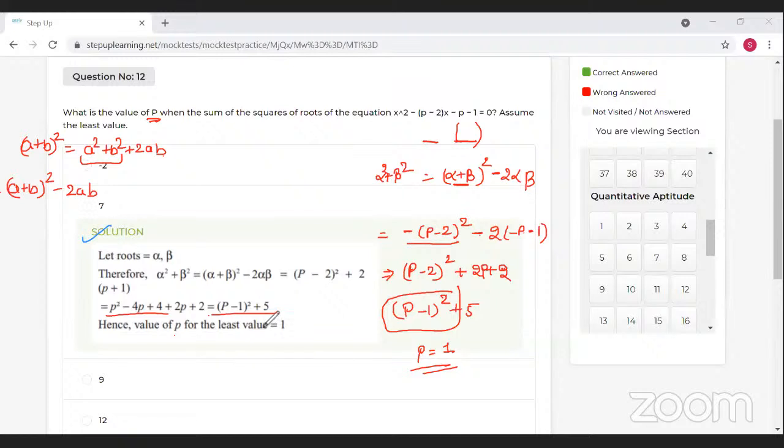Why is it 7? Where is 7? Amit, can you solve this equation? What you will get? P square plus 2p minus 4p plus 2p will give you, one minute, let me clear all this.